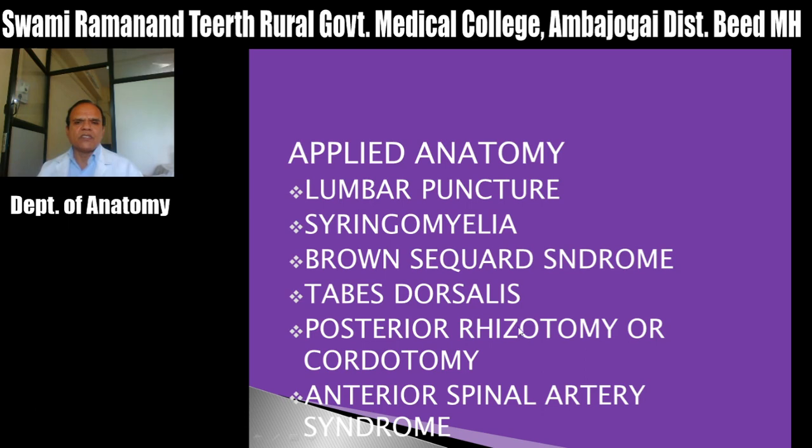Posterior rhizotomy is removing the posterior root. Tomy means cutting a portion, isn't it? Chordotomy again means cord cutting, and then anterior spinal artery syndrome and posterior spinal artery syndrome. So we'll see these in detail. Here you just remember and focus mainly on the lumbar puncture. All these applied aspects we will see in detail.